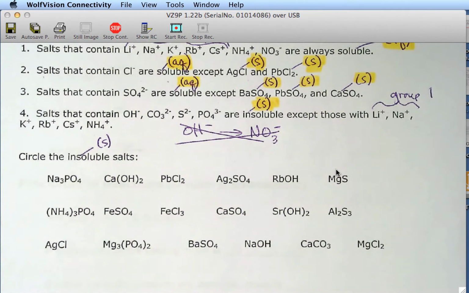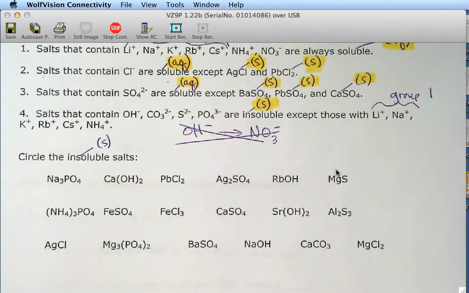So what I find myself doing still, after teaching chemistry for all these years, I find myself repeating these solubility rules over and over again. Just as I come across a compound that I need to predict whether it's an S or an AQ, I refer back to those rules.